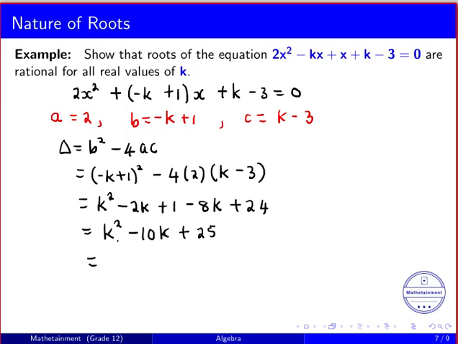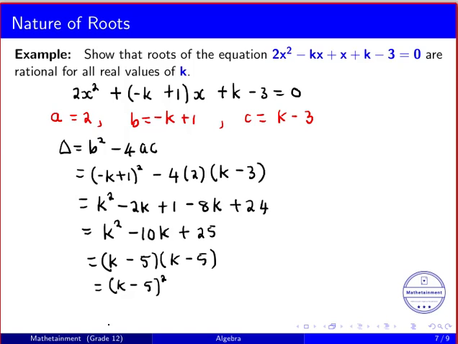Now, on the right-hand side, we have a trinomial. We can factorize that trinomial using a trial and error method, and you will see that the factors are k minus 5, k minus 5. Since they are the same, you can take one factor and square it. You can have k minus 5 all squared.